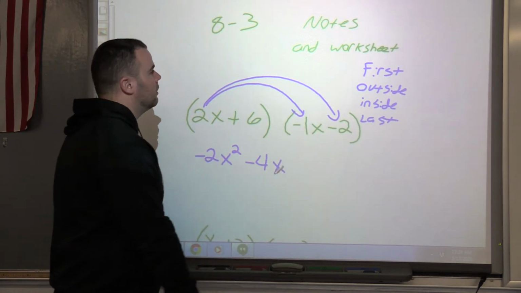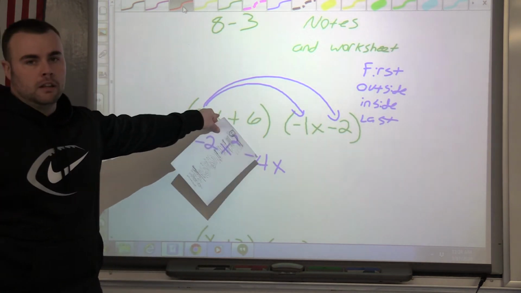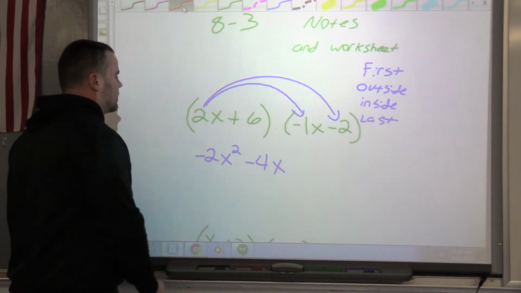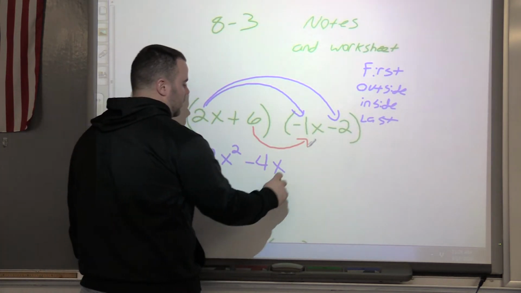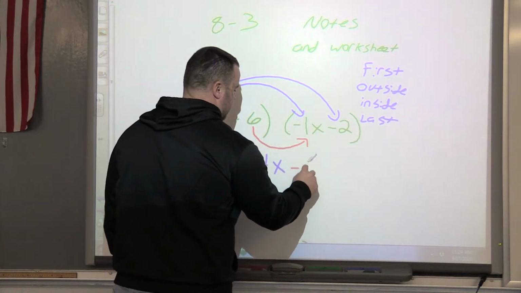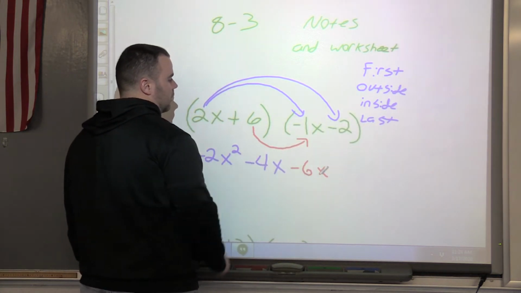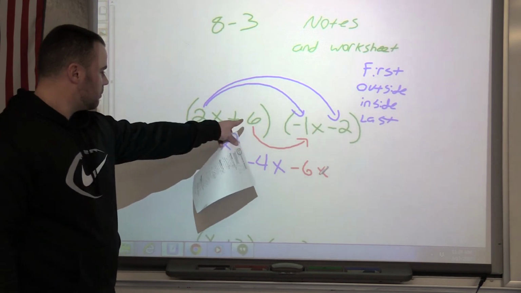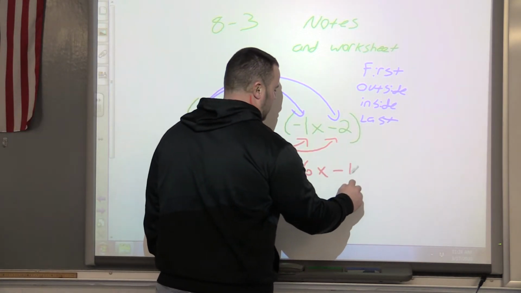That's not too crazy. Now, the 2x is completely done. I distributed the 2x to everything over there. Now I'm going to distribute the 6. I'm going to multiply it by negative 1x. So 6 times negative 1x would be negative 6x, and that will be the inside, because those are the inside two numbers. And the last part is 6 times negative 2, which is negative 12.